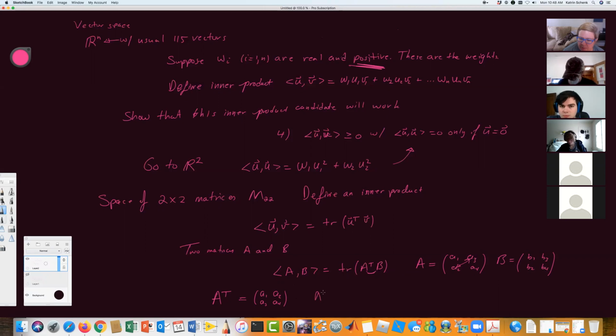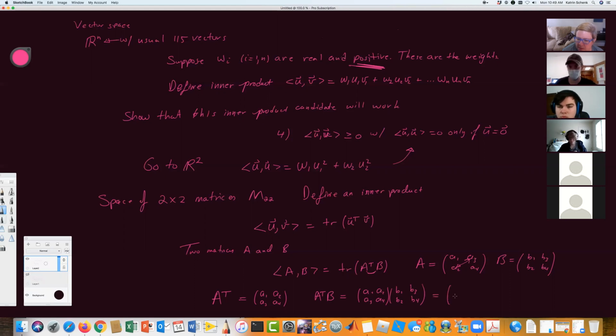So A transpose B is equal to A1, A2, A3, A4 times B1, B3, B2, B4. Matrix multiplication, row times column.